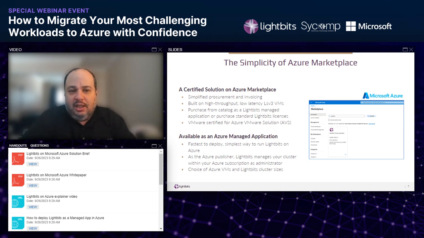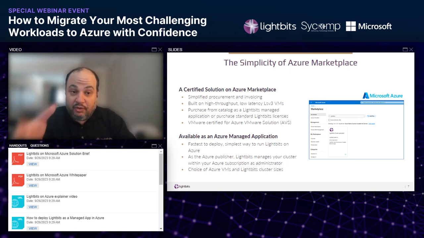Now, I was talking a lot about how Lightbits works and how we solve all these challenges for storage-intensive applications. But I would also like to talk a bit about how easy it is to deploy and consume Lightbits on Azure. Lightbits is a certified solution on the Azure Marketplace. You go to the Azure Marketplace, just search for Lightbits.